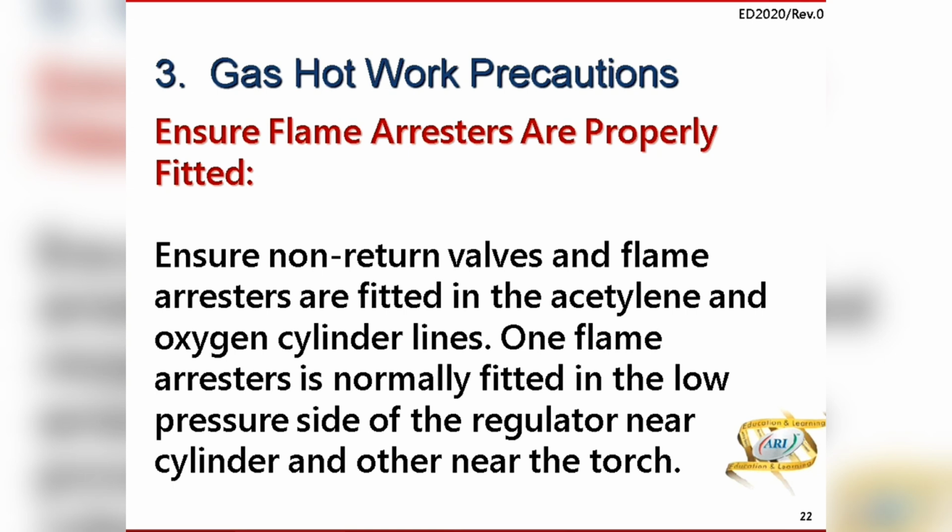Flame arresters are basically materials like ceramic which reduce the heat content of the flame, and so the flame will not go out of that area. That is flame arrestor. So ensure that non-return valves and flame arresters are fitted in acetylene or oxygen cylinder lines. One flame arrestor is normally fitted in low pressure side of regulator near the cylinder and the other near the torch.